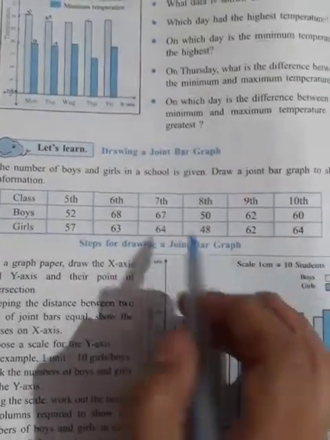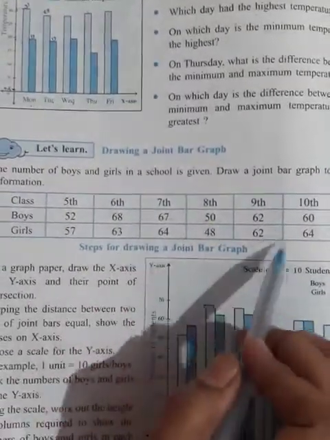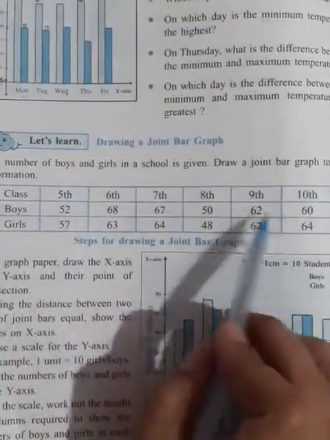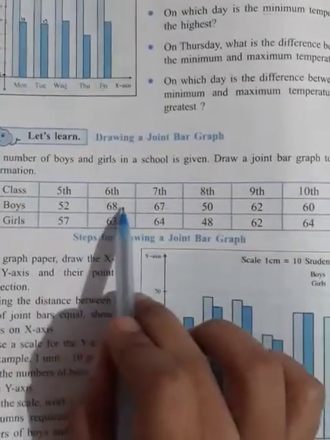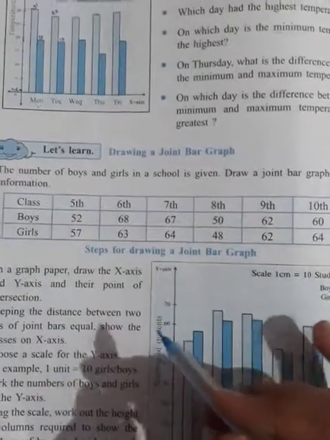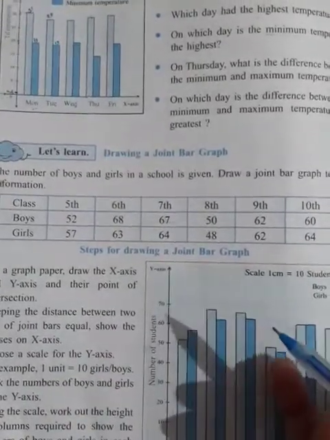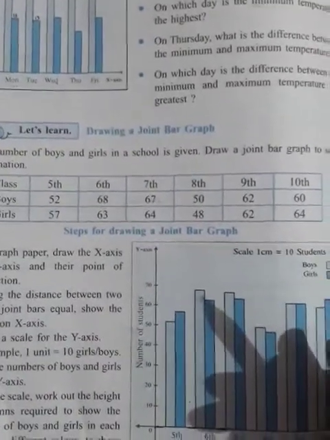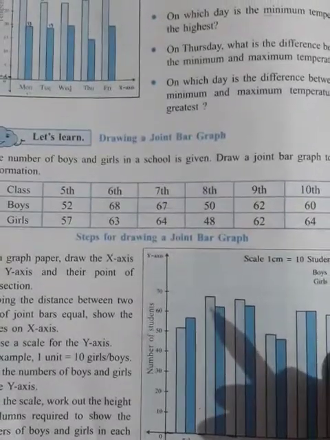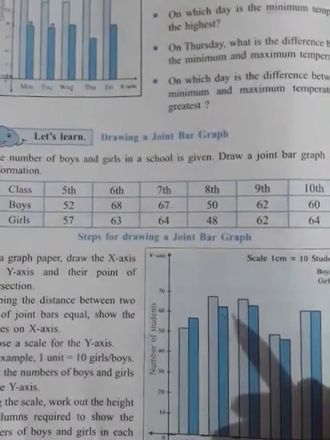For example, here you observe that the highest number is 68, which means we have to go up to 70 maximum. So you can take 1 centimeter equal to 10 students.